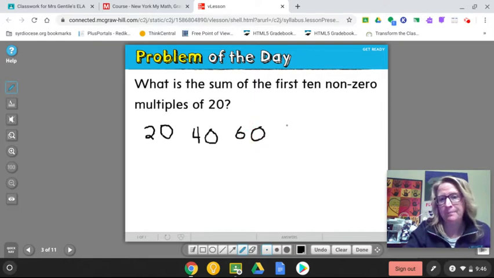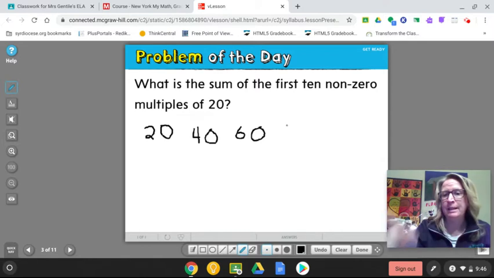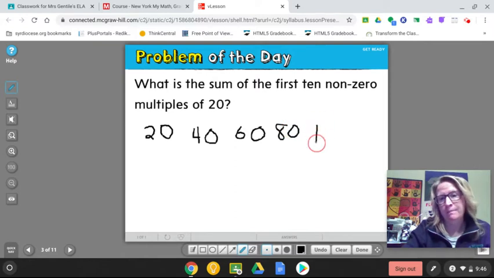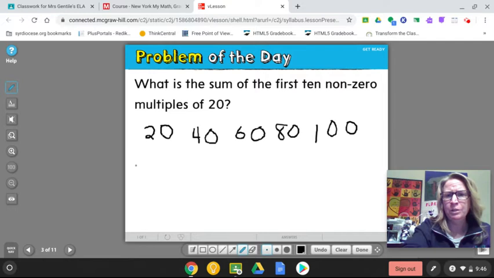Then 80. So 20, 40, 60, 80. Then 100. Okay. So 20, 40, 60, 80, 100. 1, 2, 3, 4, 5. I need 10 altogether. So then I have 120.